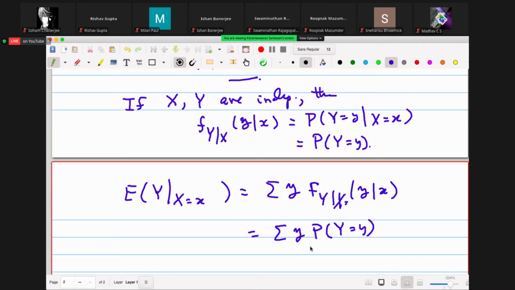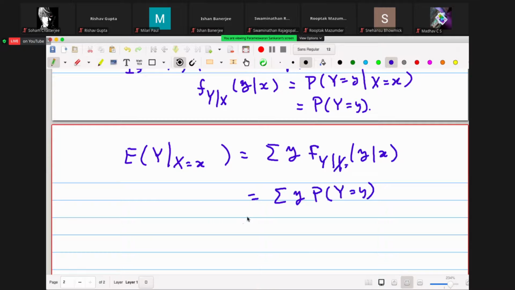And that is equal to the expectation of y. So this is true for all x.